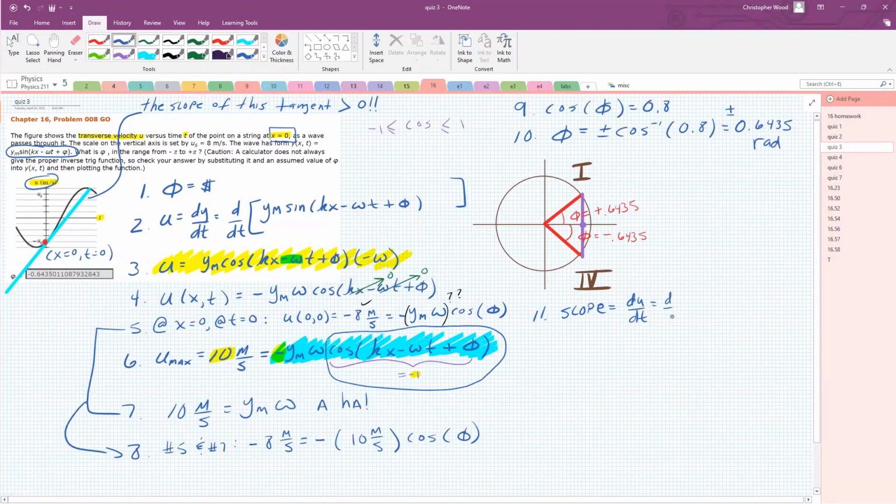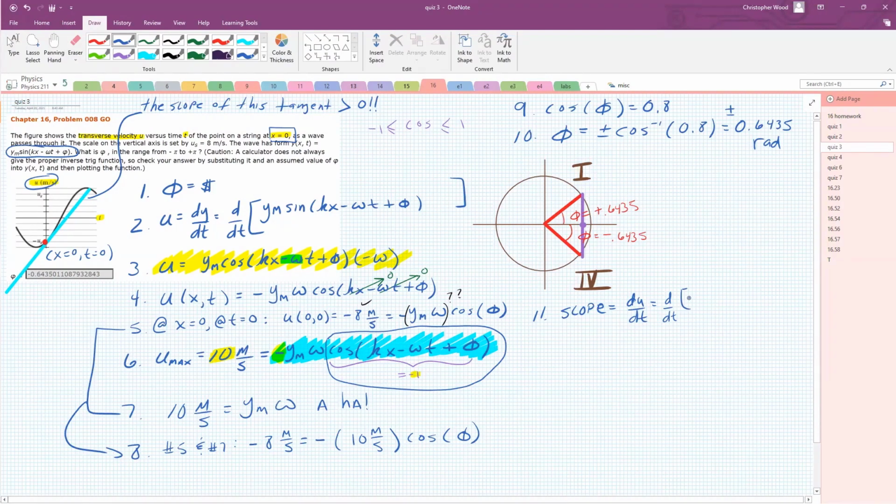So I need to take the time derivative of my transverse velocity function, which is sitting right here in step 3.